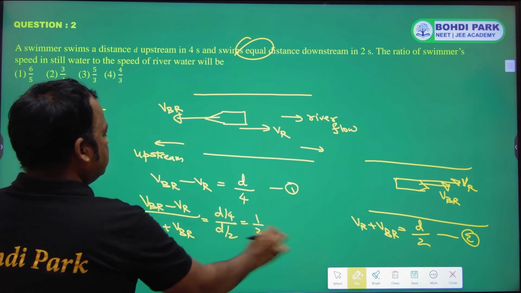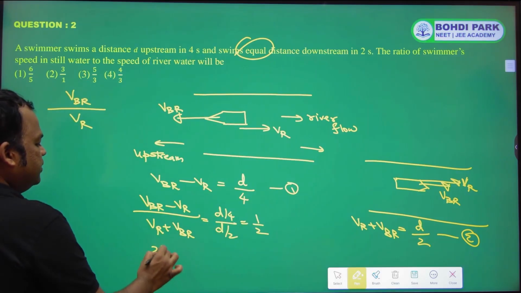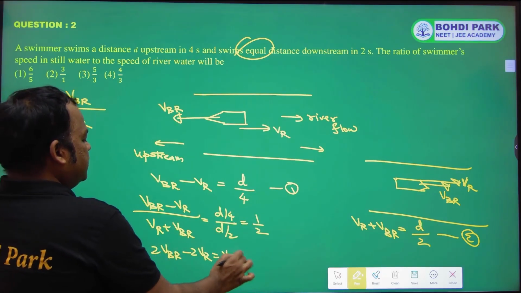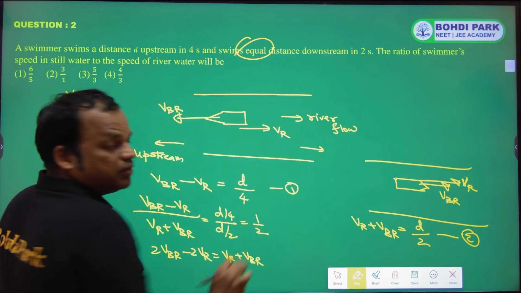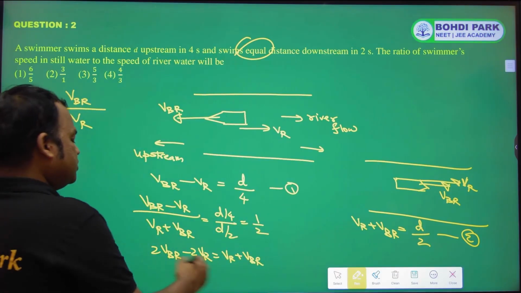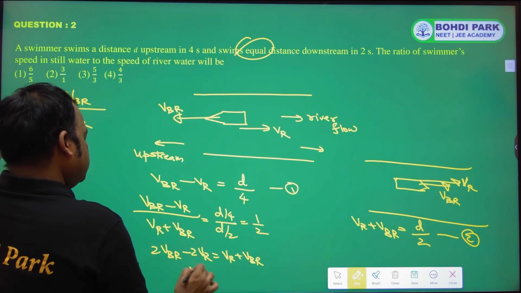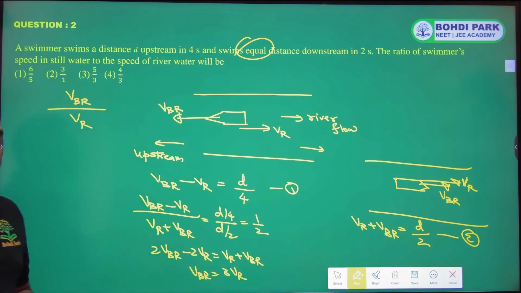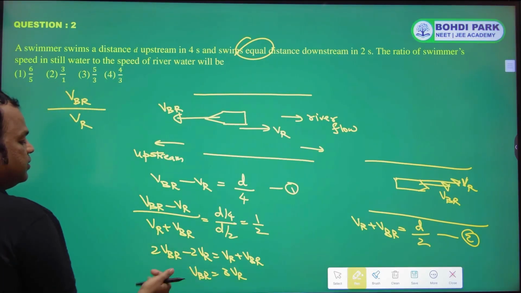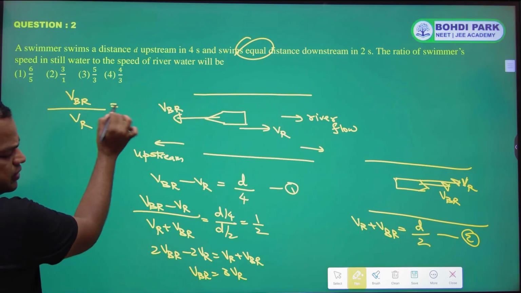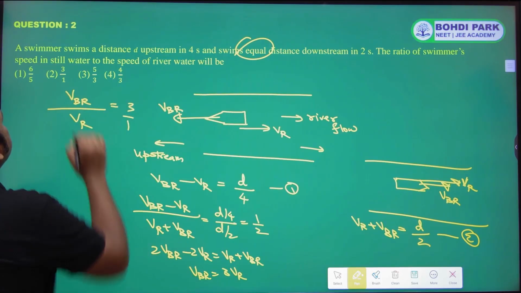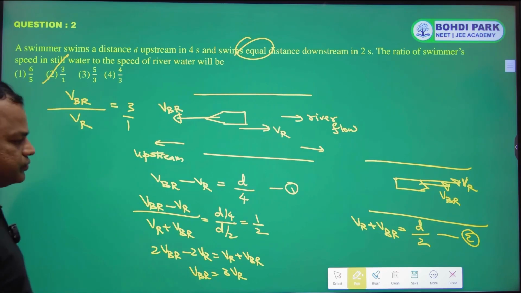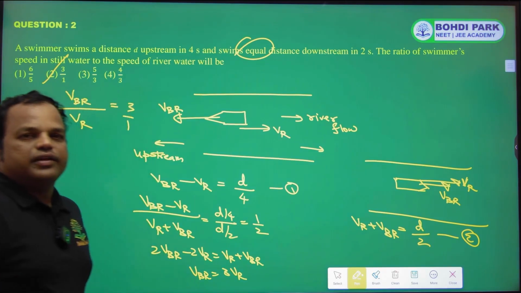So that is equal to 1 by 2. Now cross multiply. So 2 VBR minus 2 VR is equal to VR plus VBR. Now solve this. So VBR is equal to 3 VR. So VBR by VR is equal to 3 by 1. Okay, so that is the second option. Done. Now next question.